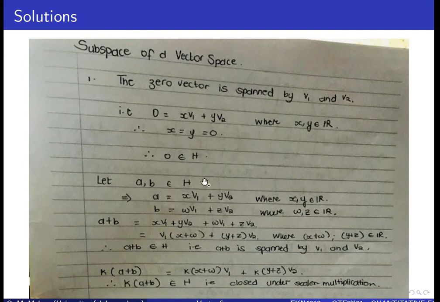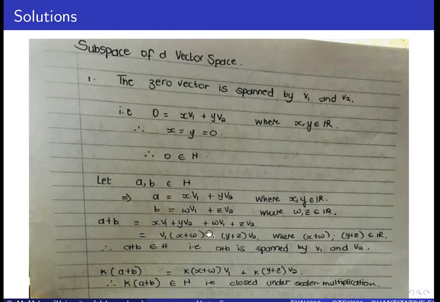I also claim that b is in H. If b is in H, it means that it is spanned by v1 and v2, where w and z are scalars. Now I add these two elements. If I add them, I'm hoping to get an element in H.